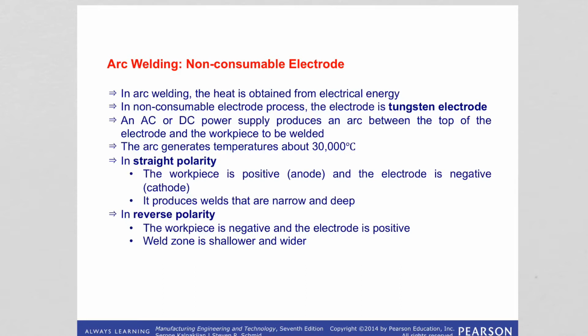So here basically the electrode is not consumed by the arc. And an alternating current AC or direct current DC power supply produces an arc between the tip of the electrode and the workpiece to be welded, and temperatures are very high, goes up to 30,000 degrees C. You see it is higher than those developed in oxy-fuel gas welding.